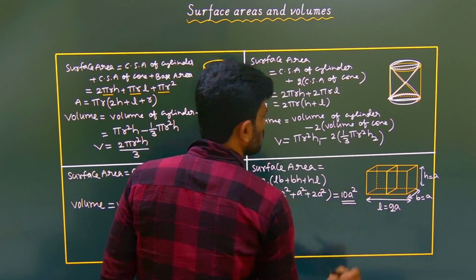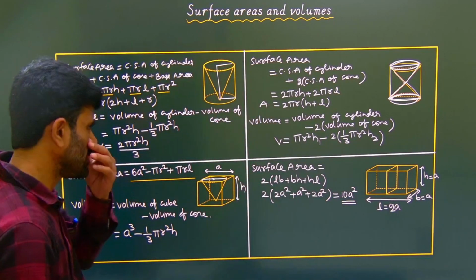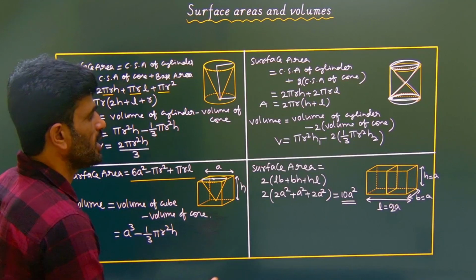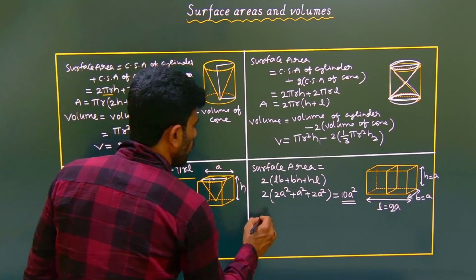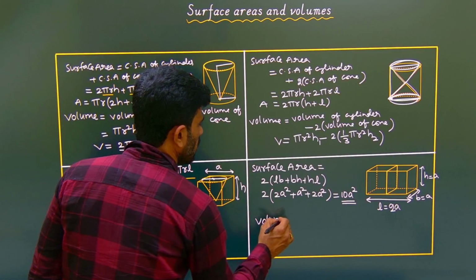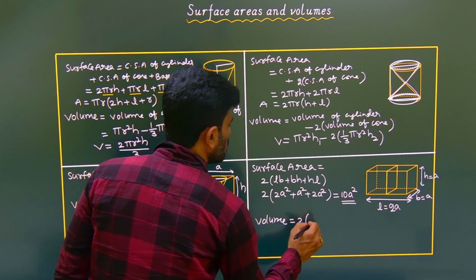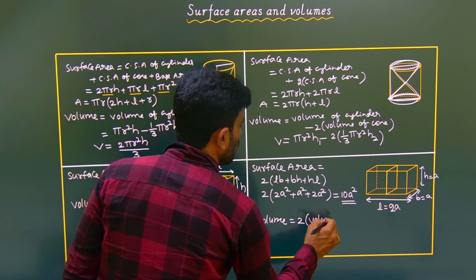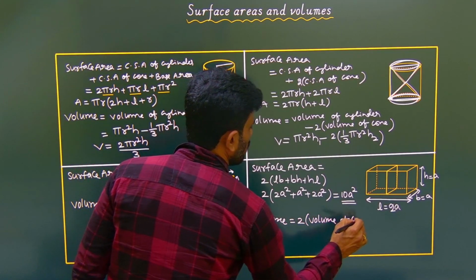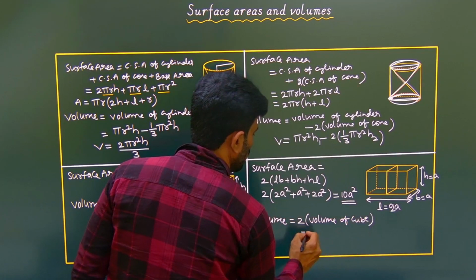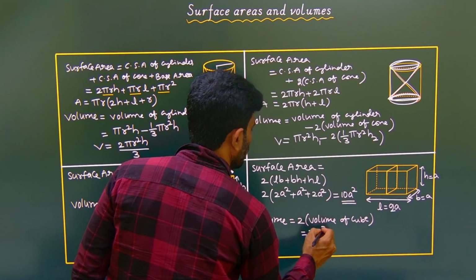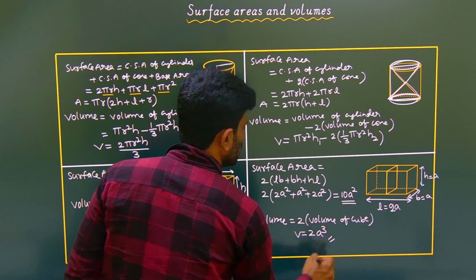You remember this. If two cubes are attached, then the surface area of the cuboid is 10a square. Volume is simple: 2 times volume of cube, nothing but 2a cube. Hope you understood this.